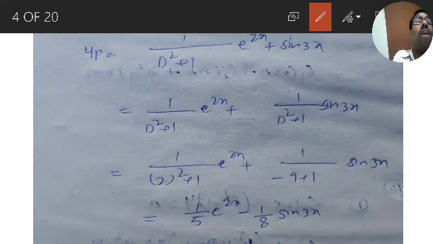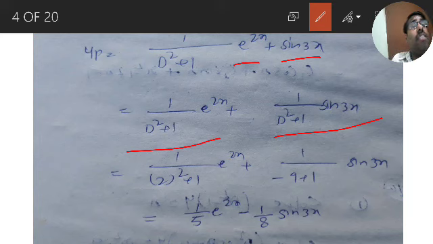Here we have two terms, so we separate yp as 1 by d square plus 1 of e power of 2x plus 1 by d square plus 1 of sine 3x. The first term is of method 1 and the second term is of method 2; we separate them and apply the methods.